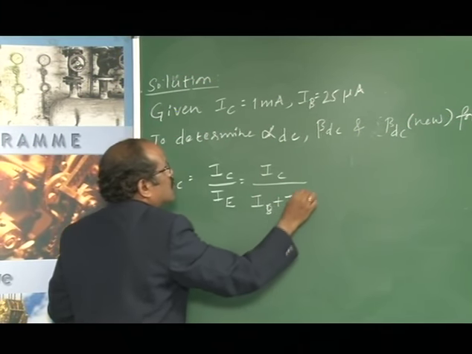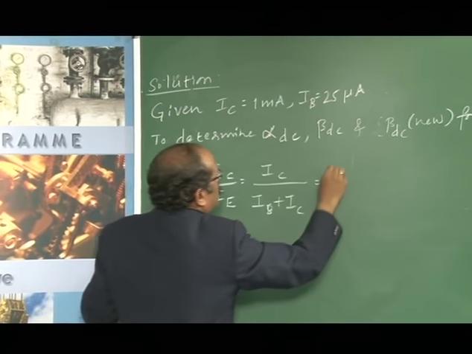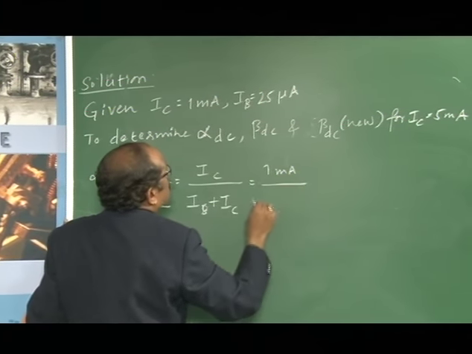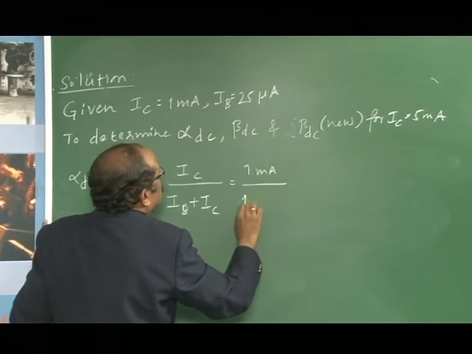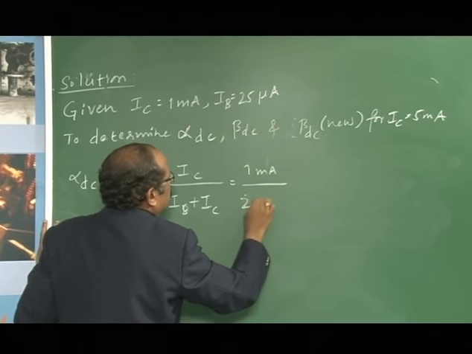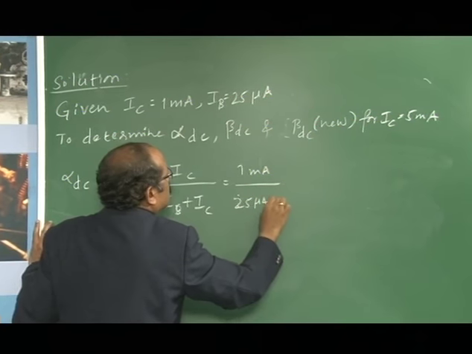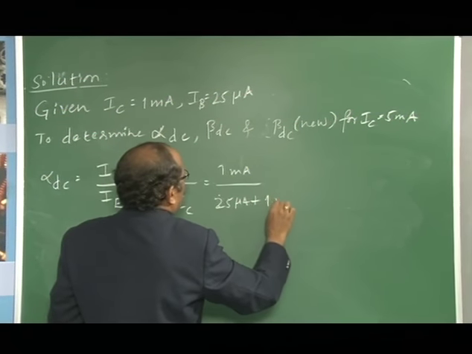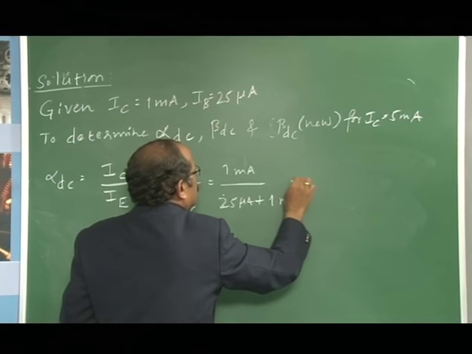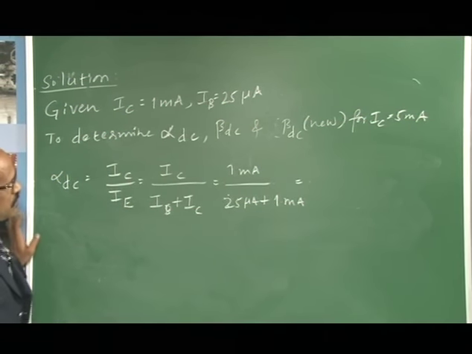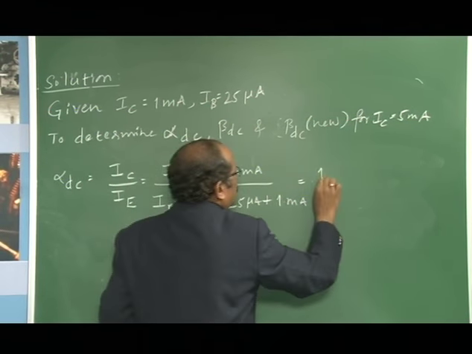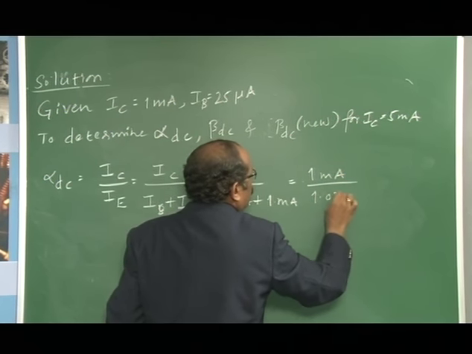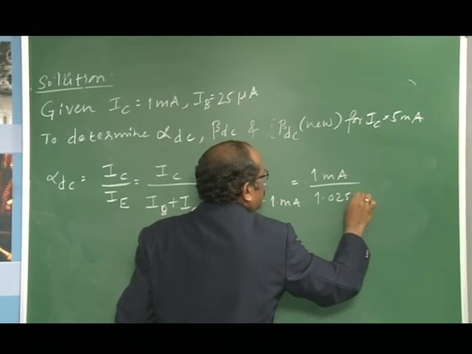IC is 1 milliampere, IB is 25 microamperes, so the denominator is 1.025 milliamperes.